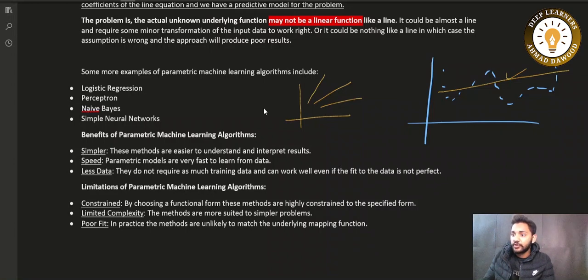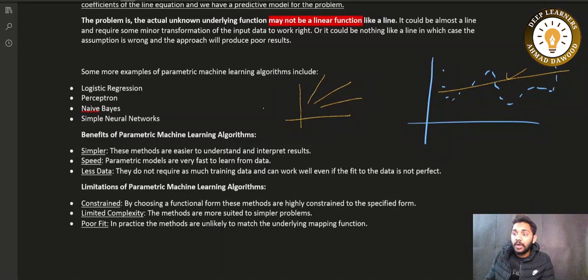That is the constraint of choosing a functional form. These methods are highly constrained. When you have assumed some mathematical equation, you are highly dependent upon your mathematical form. And there is limited complexity. Let's say you have a very complex data set and you are using a very simple model, then you are not able to capture the pattern.